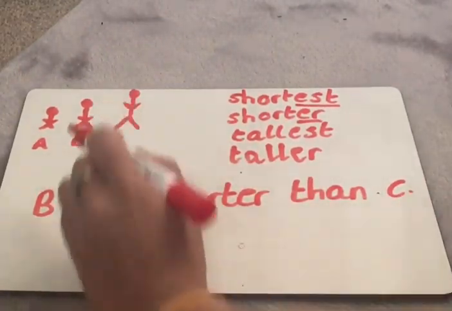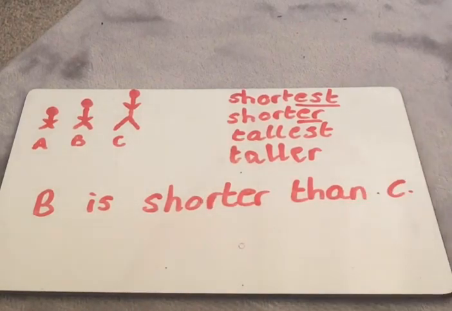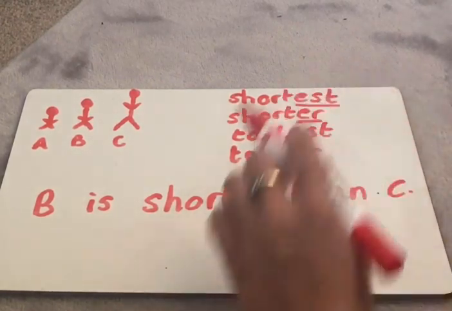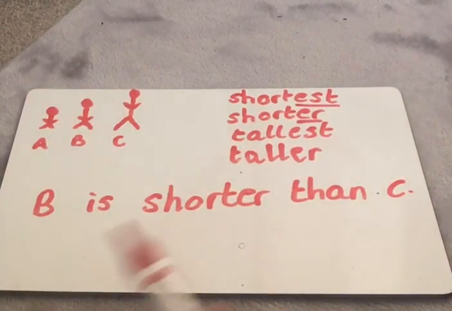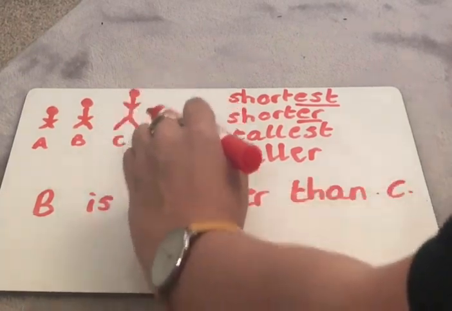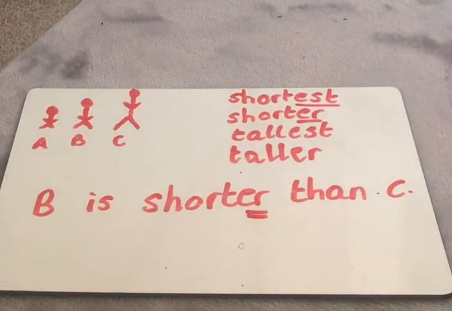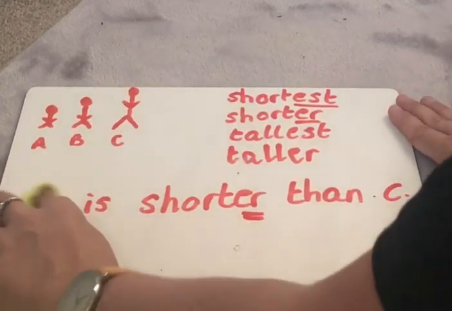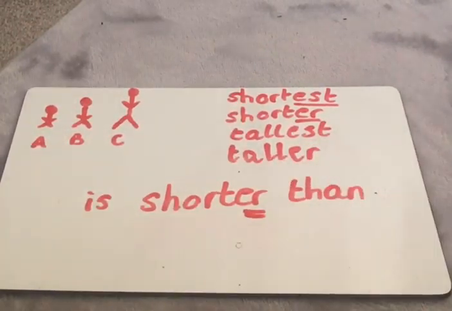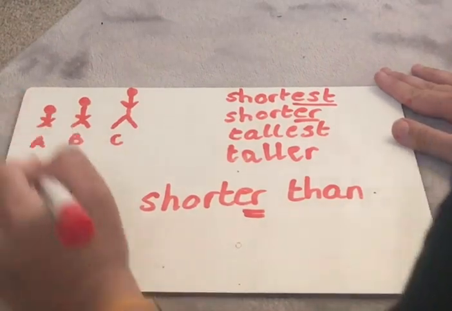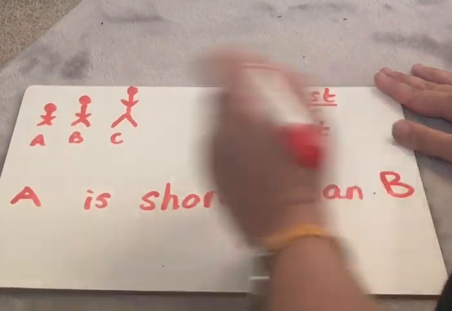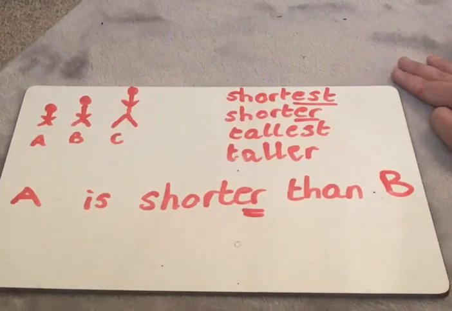So B is shorter than C. Now they're not the shortest, that's A, isn't it? But they are definitely shorter than C. Okay? And we could also say that A is shorter than B, aren't they? And they are the shortest as well.